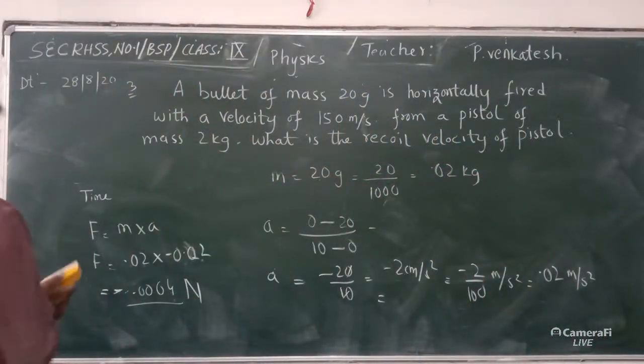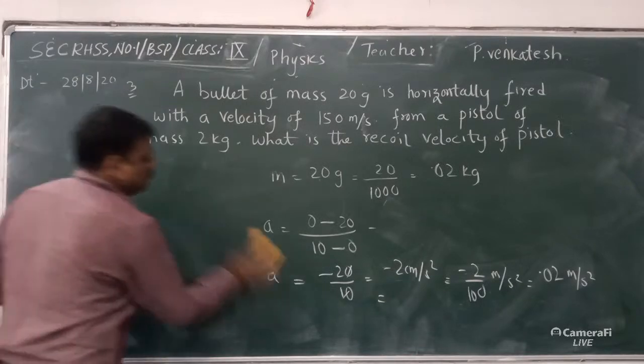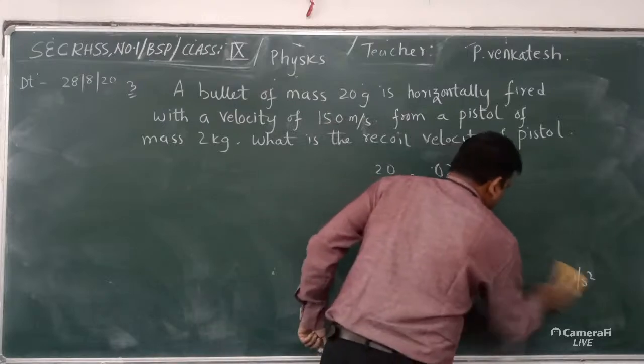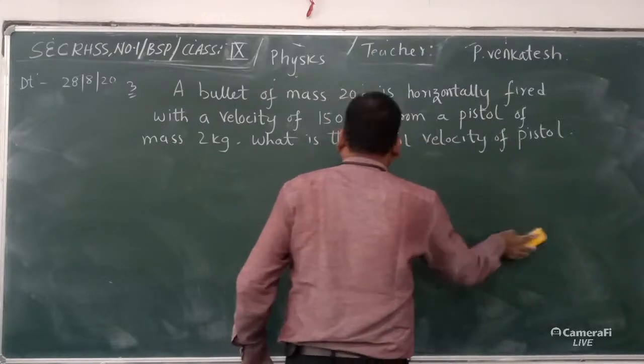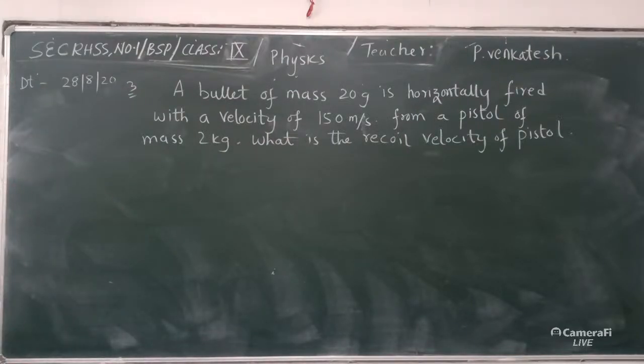See this question. A bullet of mass 20 grams is horizontally fired with a velocity of 150 meters per second from a pistol of mass 2 kg.